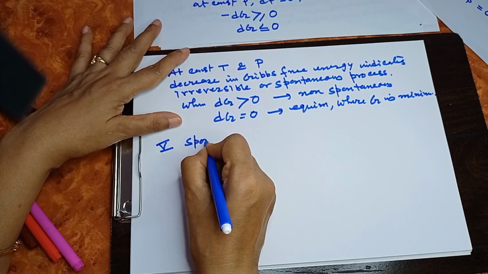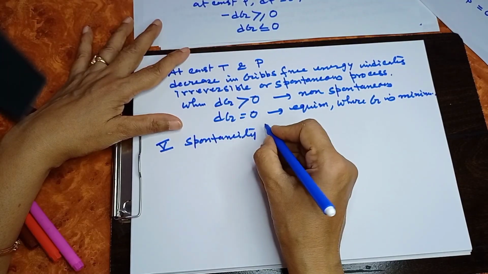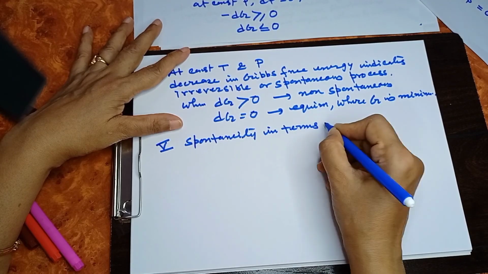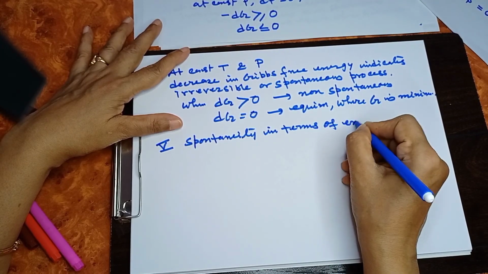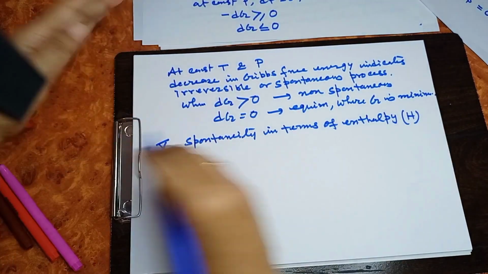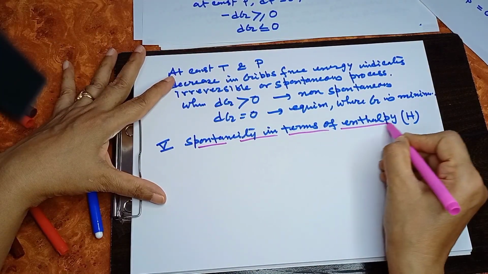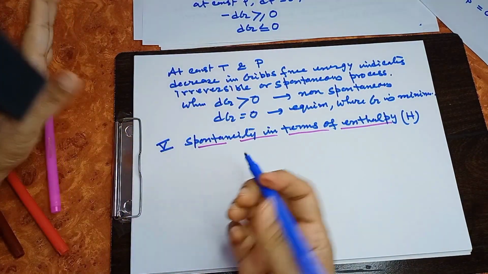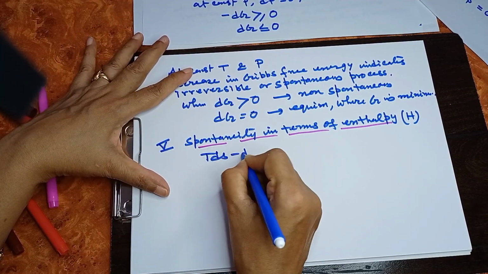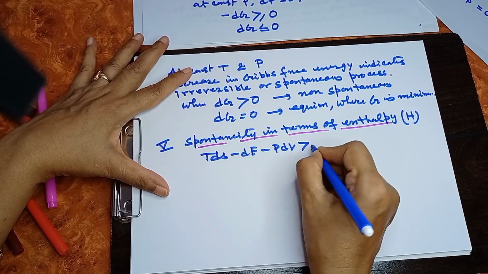Okay. Now the last one, spontaneity in terms of H, enthalpy. Once again the common equation we write: TdS minus dE minus PdV greater than or equal to 0.